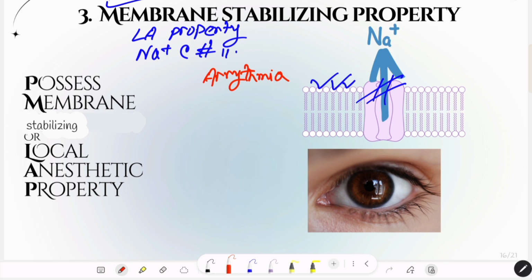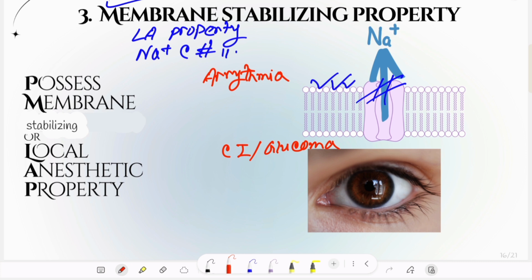But another clinical importance is that it is contraindicated in glaucoma. But in our previous video, we said that stimulation of the sympathetic nervous system leads to mydriasis, and if we block it by a beta blocker, that will lead to miosis, and miosis helps in glaucoma.